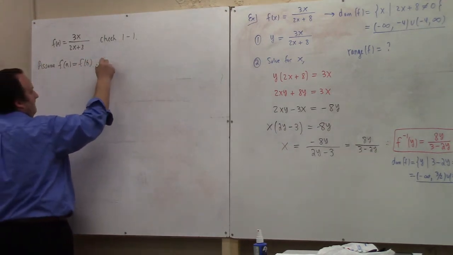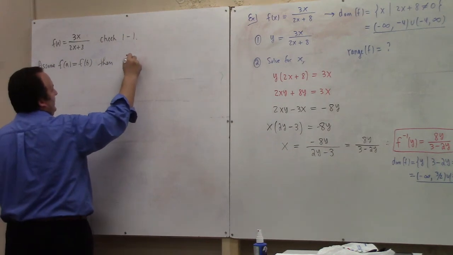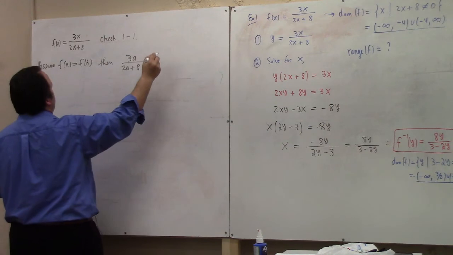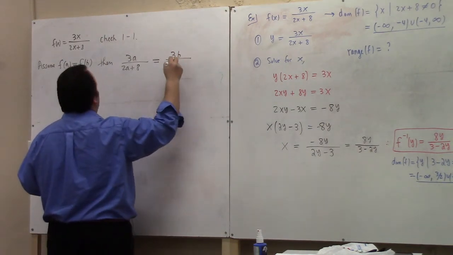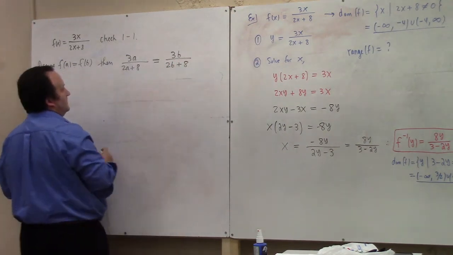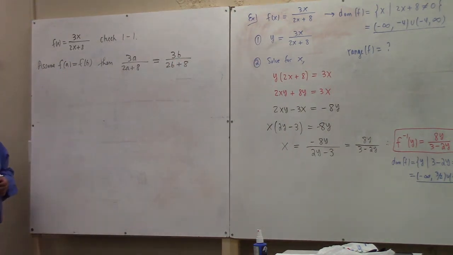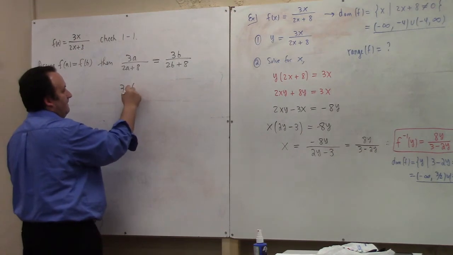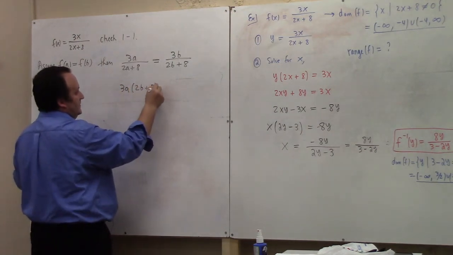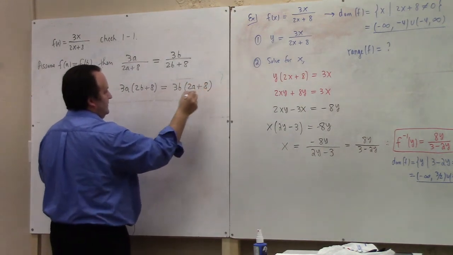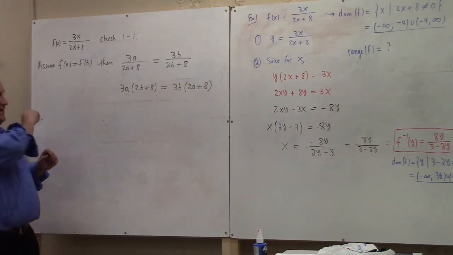Then that gives us 3a over 2a plus 8 equals 3b over 2b plus 8, right? Now, cross multiply. We get 3a times 2b plus 8 equals 3b times 2a plus 8. And what happens when we multiply that out?